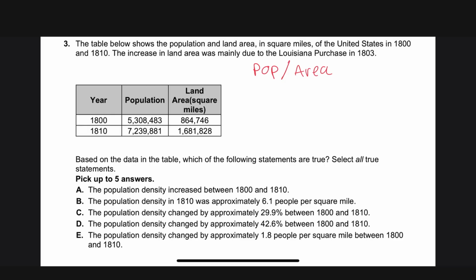So I'm going to take the population, which is 5,308,483, and I'm going to divide that by the area in square miles, which would be 864,746.